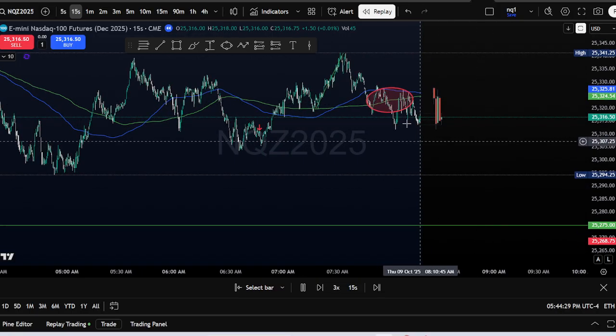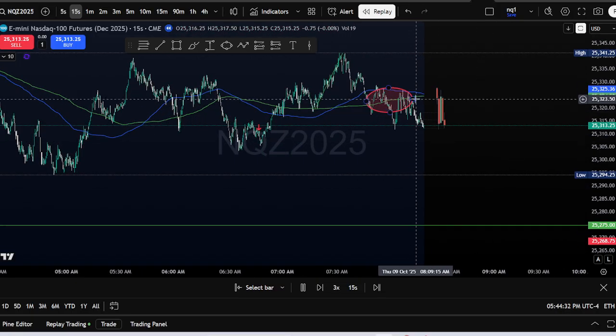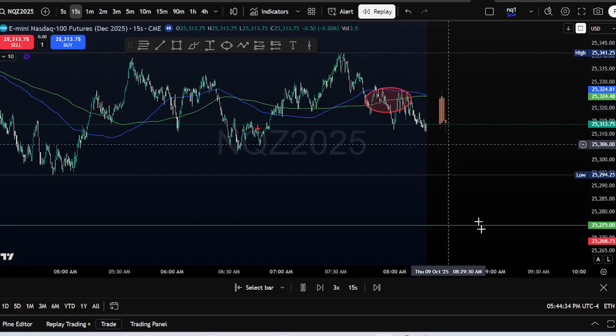Yeah, it's rolling over. I didn't have a chance to get in it, but that should be what leads the dump.